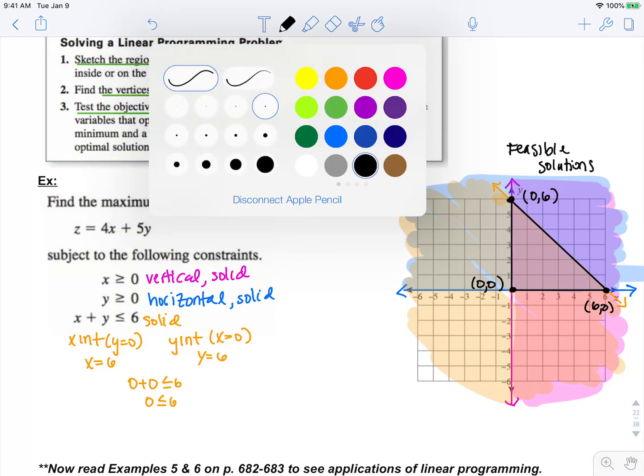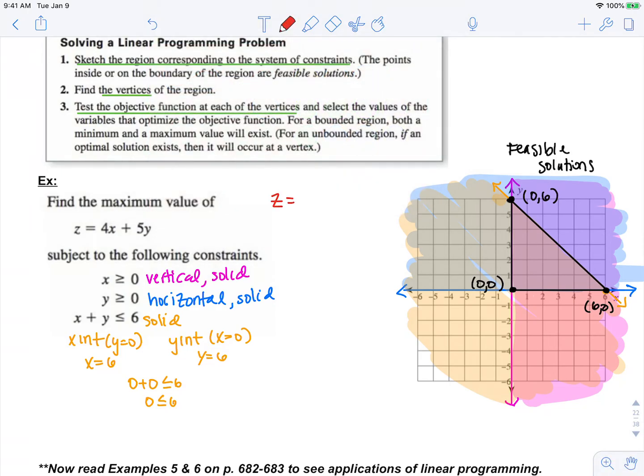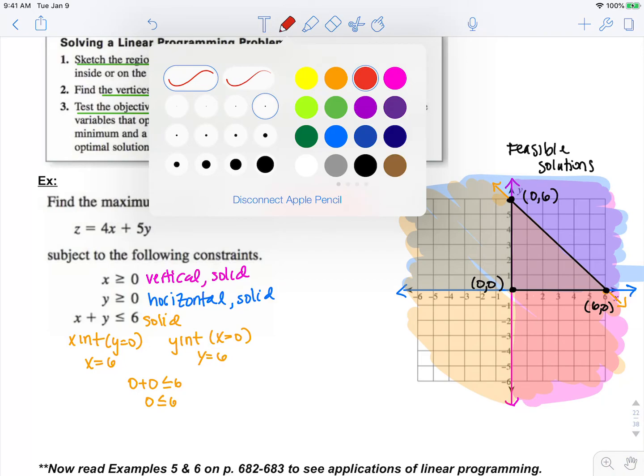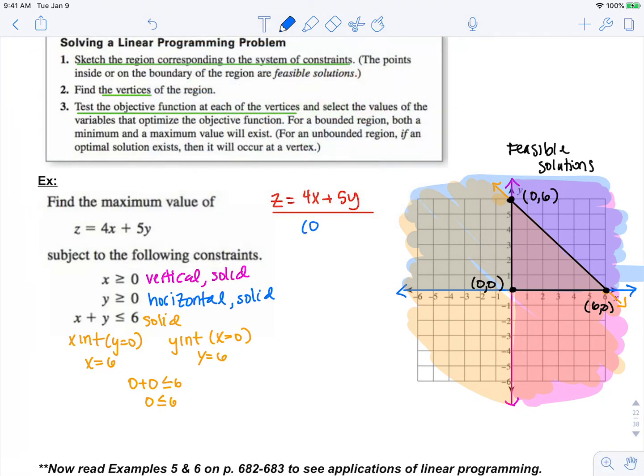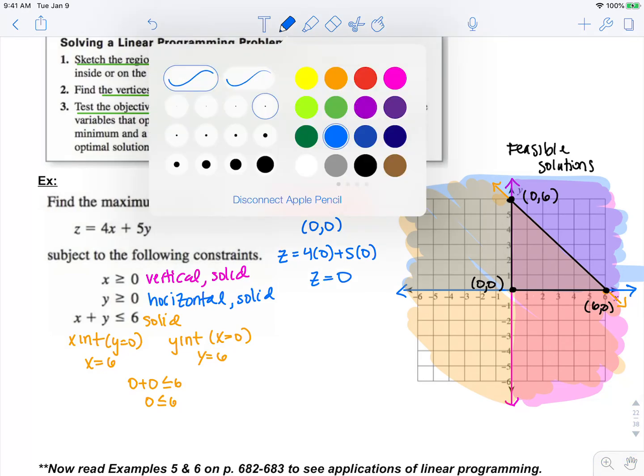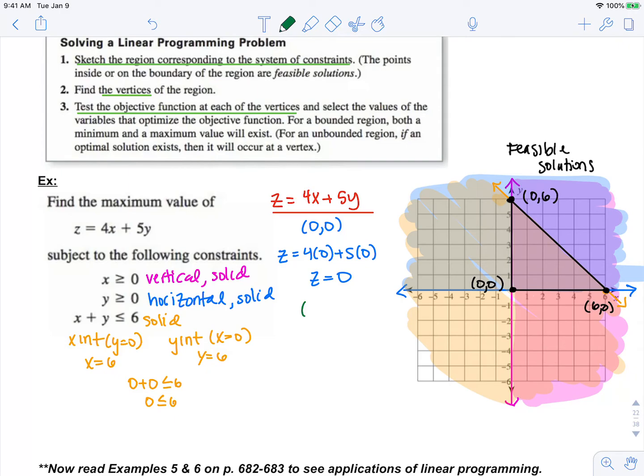So we have z equals 4x plus 5y. The first point I can check it for is 0, 0. Z equals 4 times 0 plus 5 times 0. Z equals 0. The next point I can check is 0, 6.